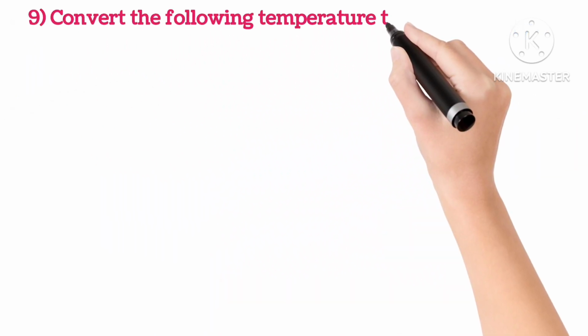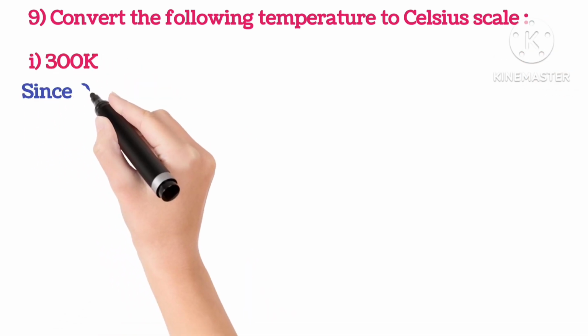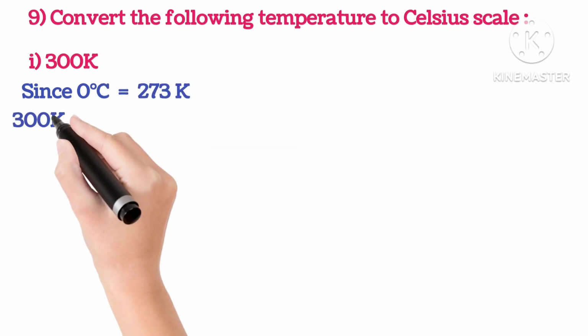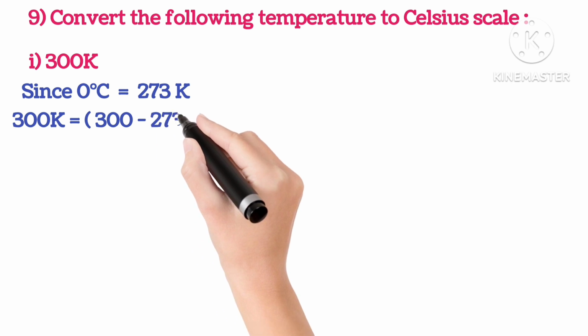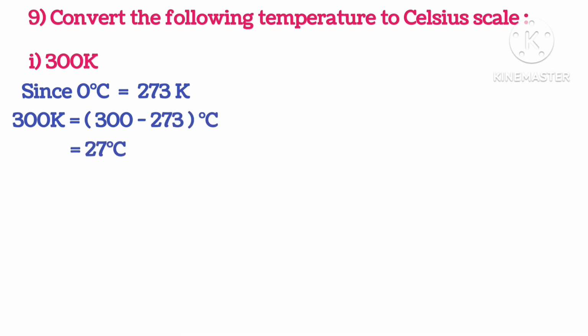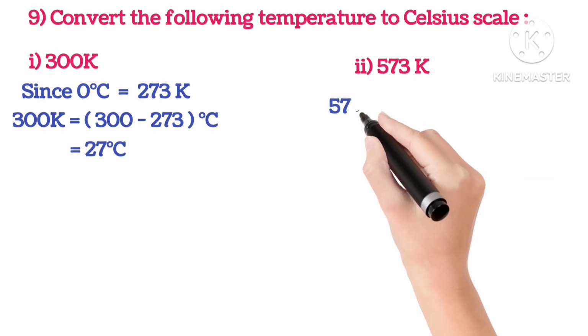Convert the following temperatures to Celsius scale. 300 Kelvin. Since 0 degrees Celsius is 273 Kelvin, 300 Kelvin will be 300 minus 273, that will be 27 degrees Celsius. Second is 573 Kelvin.